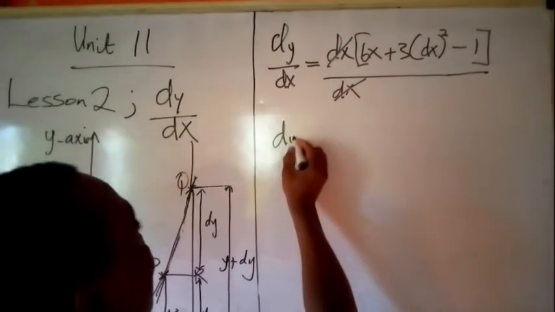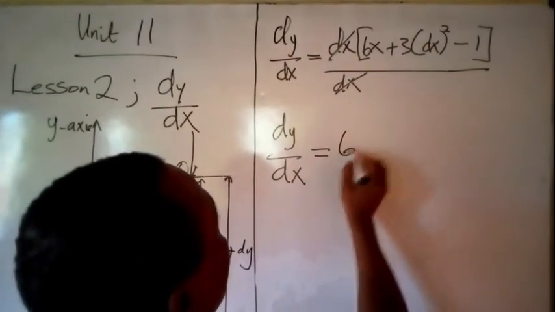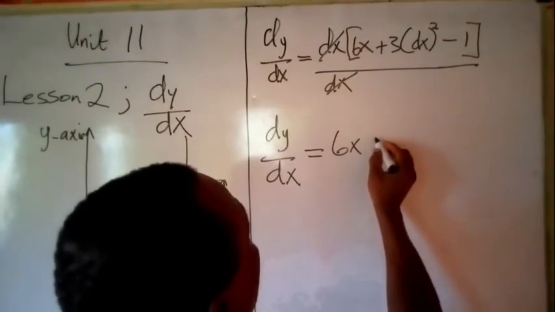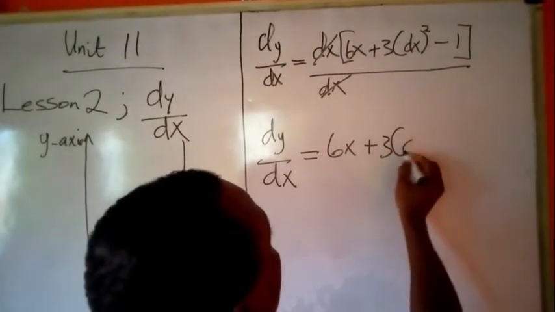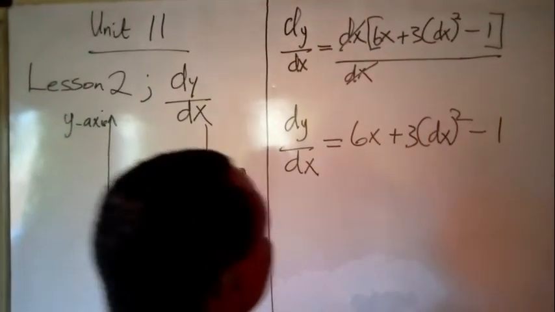What you have now is dy over dx is equal to 6x plus 3 dx all squared minus 1.